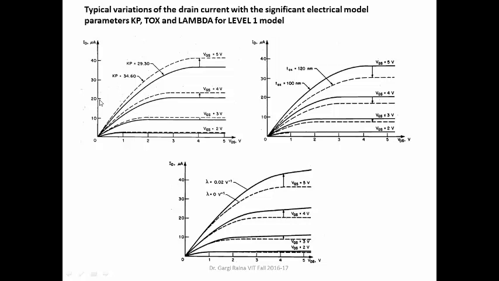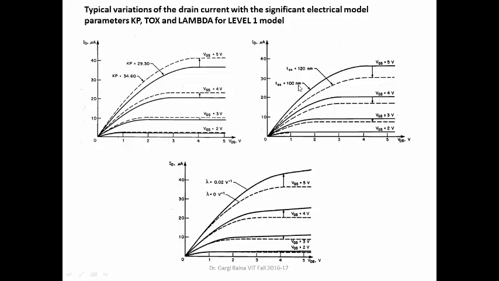So the first graph here is ID versus VDS at different VGS values, where you are looking at the variation of the transconductance from 29.3 to 34.6.